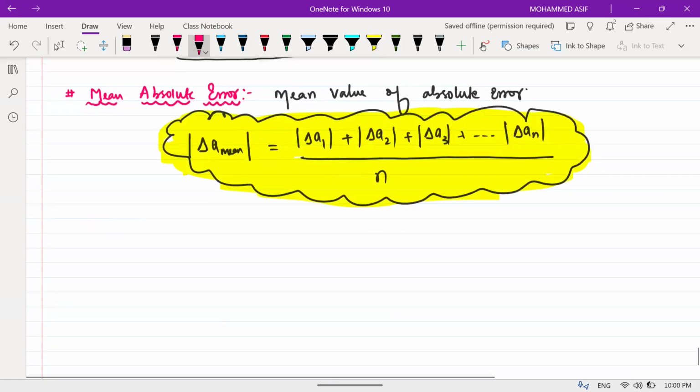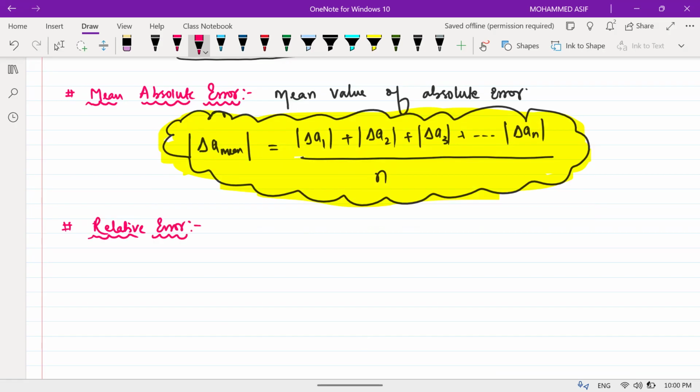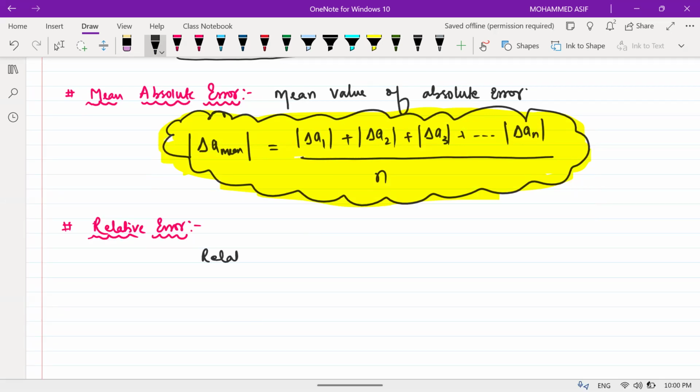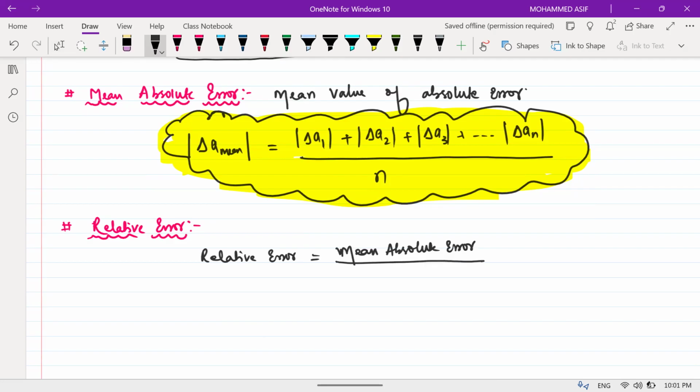Next heading, relative error. Relative error is nothing but a ratio. Relative error is equal to the mean of your absolute error divided by the true value.